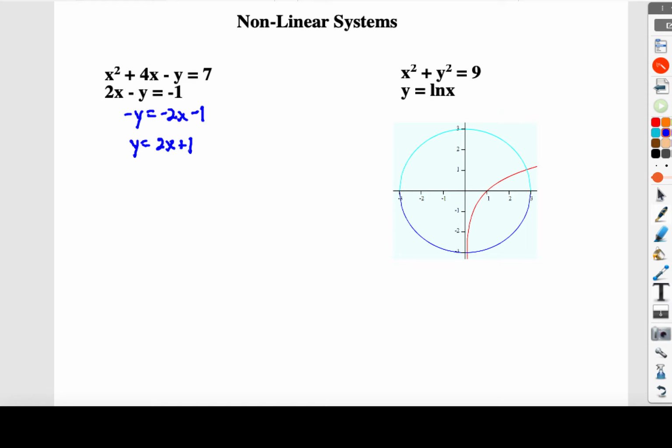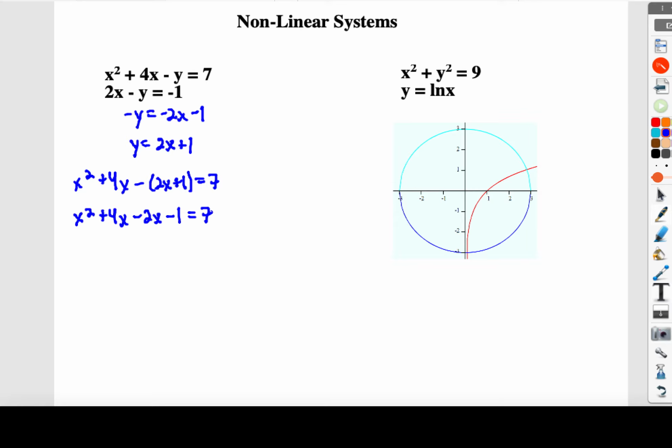I'm just going to multiply both sides by negative 1. And what that means is x squared from the top equation plus 4x minus y, 2x plus 1, is equal to 7. Well, that means x squared plus 4x minus 2x minus 1 equals 7.